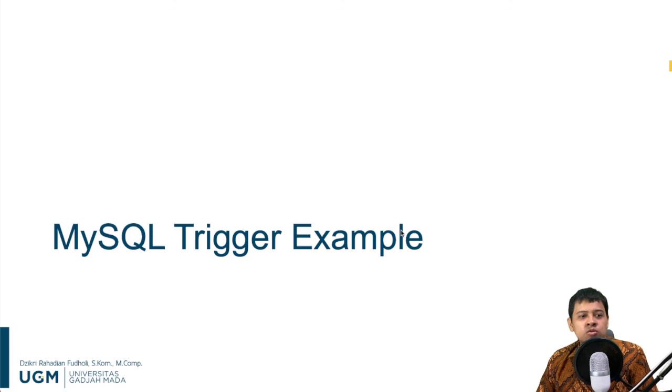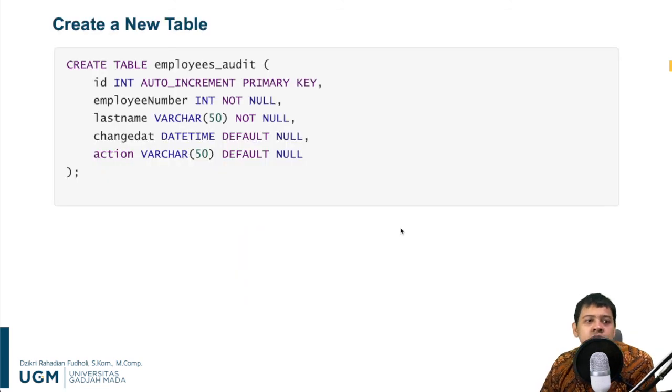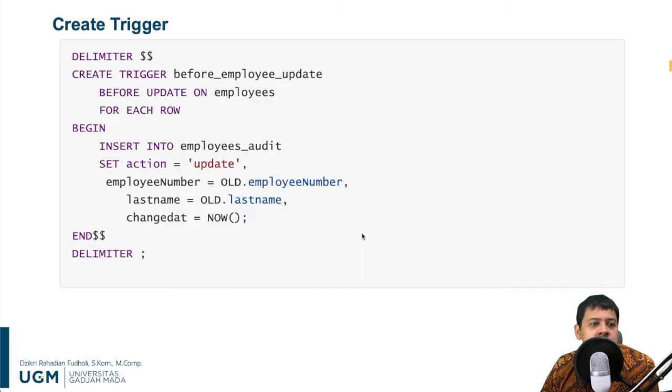Now let's go to the example really quick. We create a new table like this, and then we create the trigger before employee update: BEFORE UPDATE ON employees FOR EACH ROW, for every row. We begin, insert into the employees audit, and then we set action to update. The employee number is the old employee number.